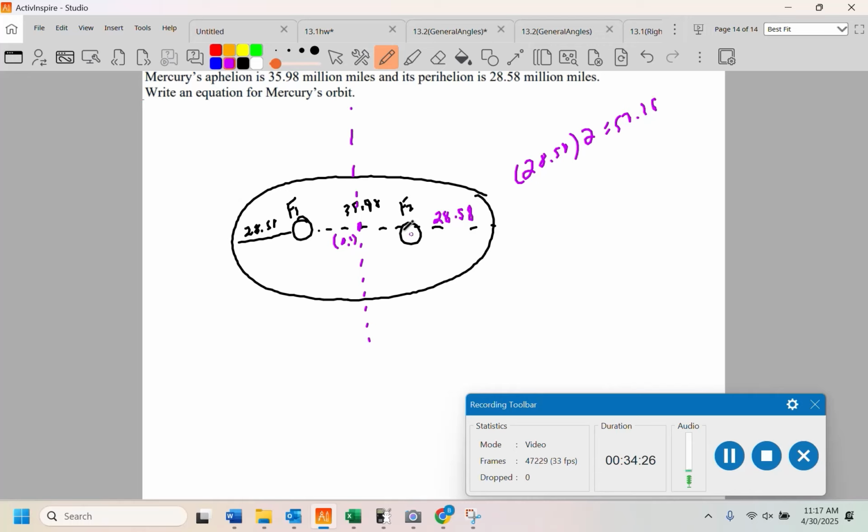That's how far these guys are from each other. I don't like what I just wrote there. That doesn't make a lick of sense. Or does it?